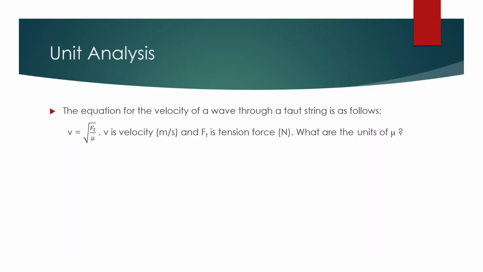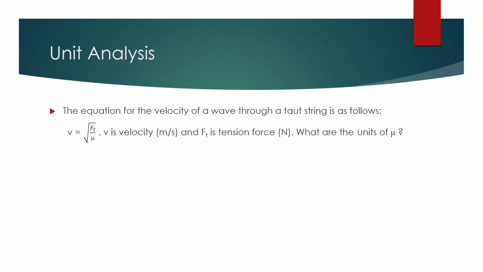So for example, here's a bit of an odd equation. This is the equation for the velocity of a wave through a taut string. So velocity is in meters per second, and the Ft there is the tension force in newtons. Those are both common units, right? But then there's this weird thing mu, and like, oh, darn it, I wrote it down in my notes, but I forgot what the heck mu actually is, right?